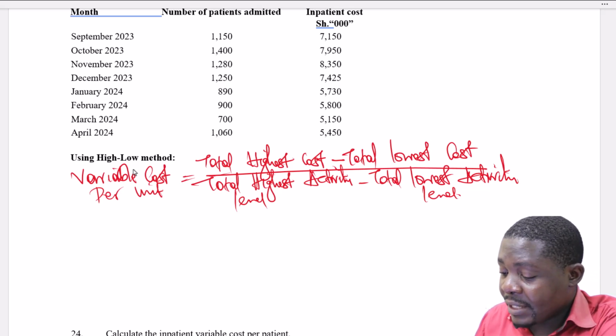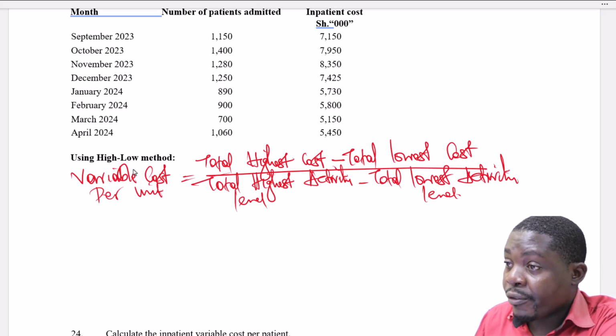Therefore, we find the total highest cost from our list.